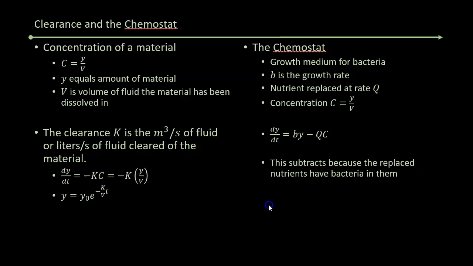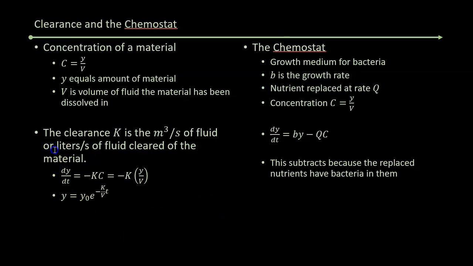The clearance, K, is in cubic meters per second. And in biological systems, we often talk about the clearance of something because let's say I have an excess of some material in my body. The number of liters per second of fluid in my body that are being cleared of the material is the clearance.